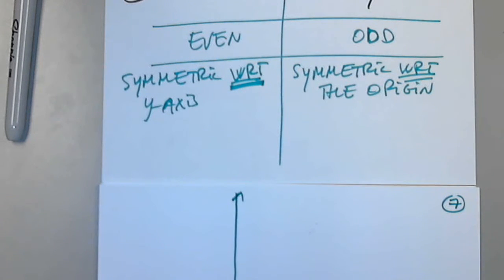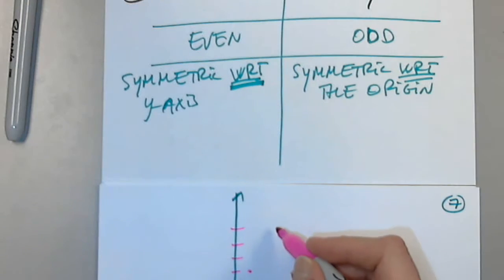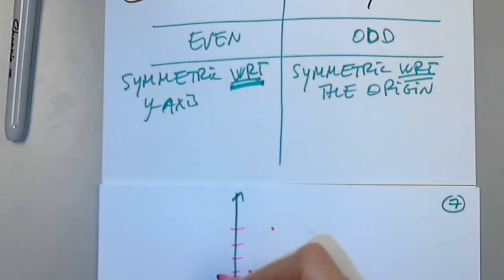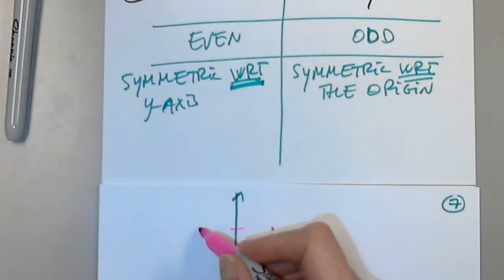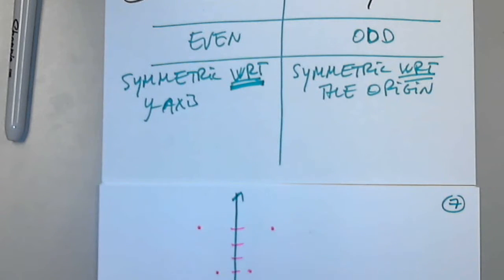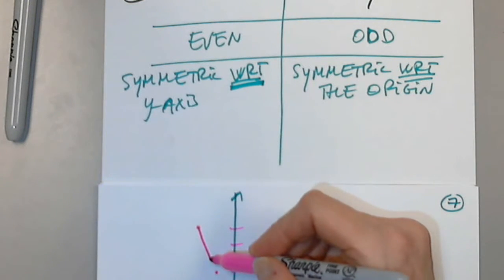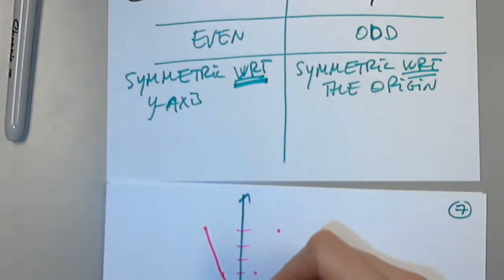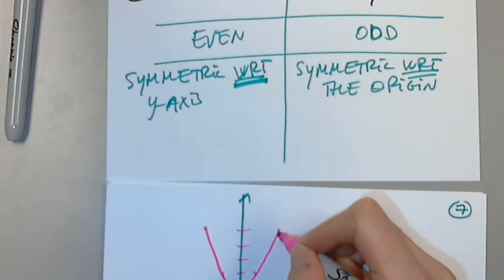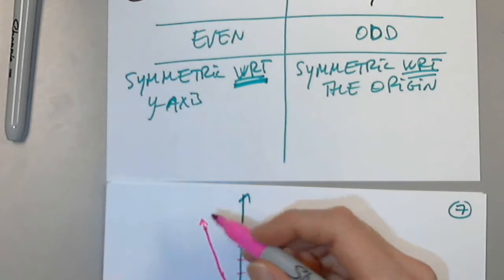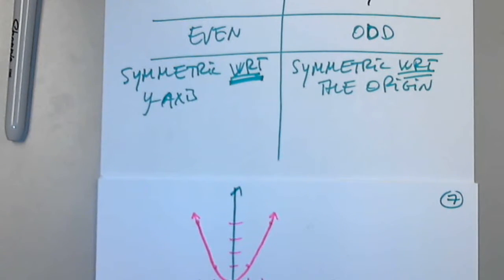Here it is. From the way I graphed it, what would you say? What type of graph is this?